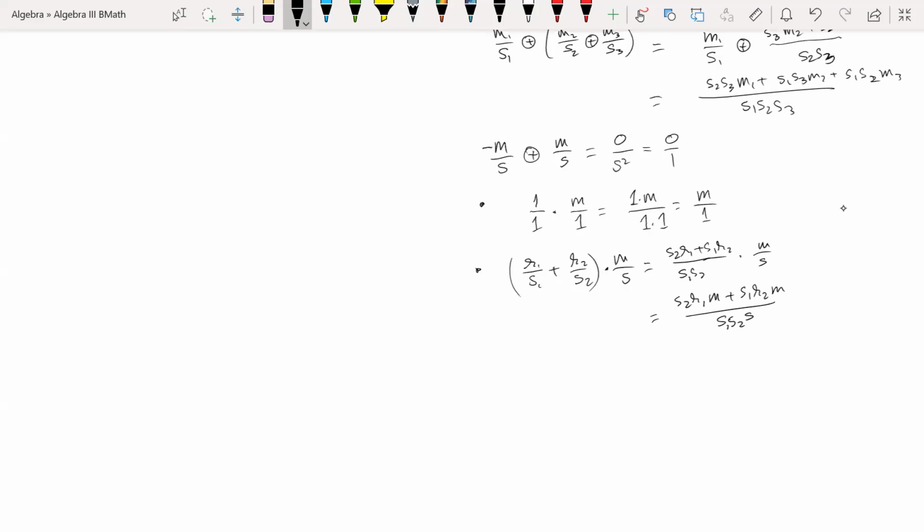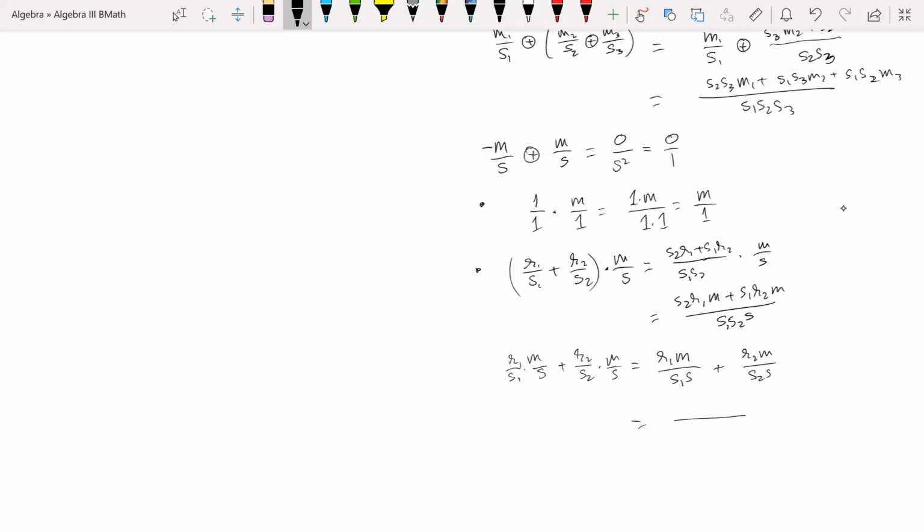I'll just compute the other way and show that this is the same. R1 over S1 dot M over S plus R2 over S2 dot M over S is, by definition, R1M over S1S plus R2M over S2S.